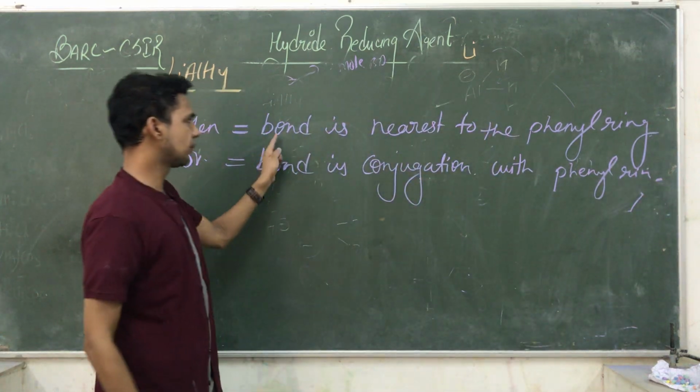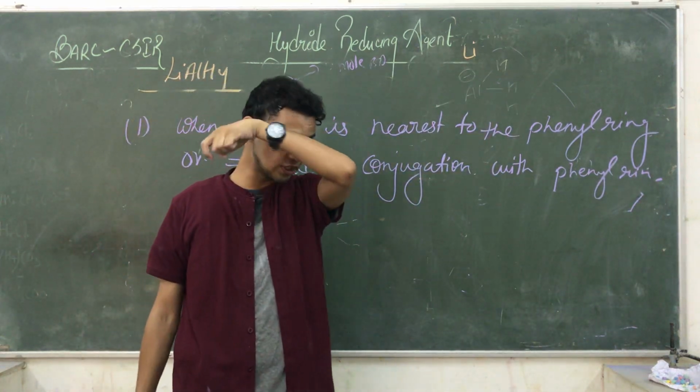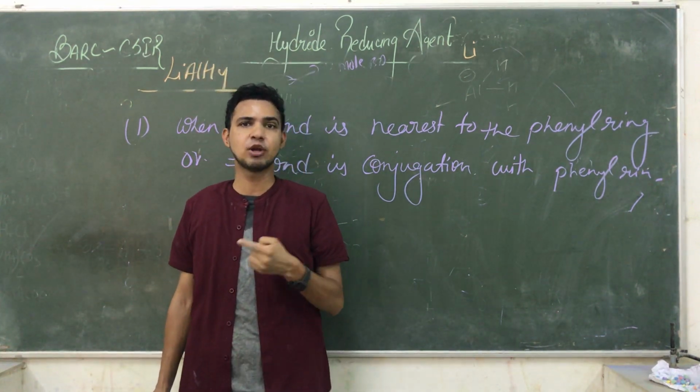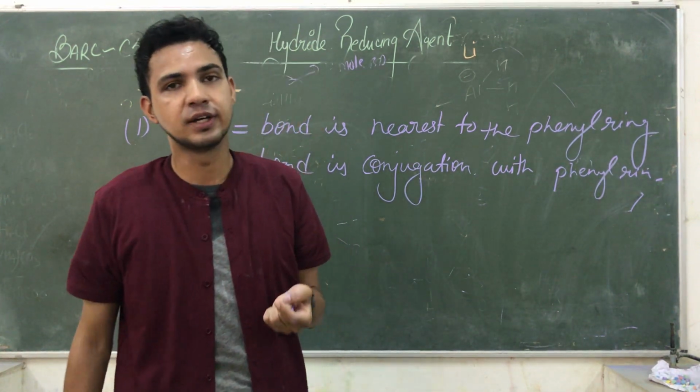So when the double bond remains in conjugation with the phenyl ring, at that time the lithium aluminum hydride affects this double bond.